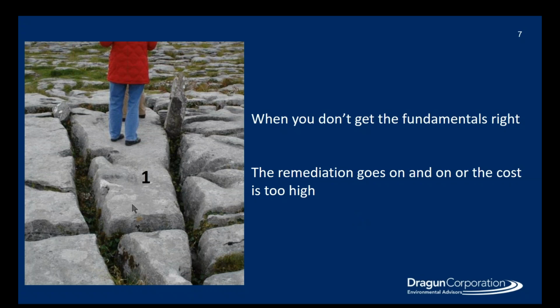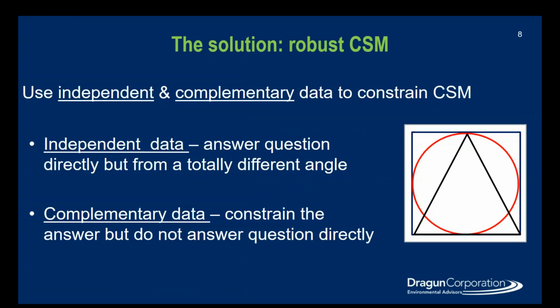If you were to drill at location number 1, you would describe this site as having a very low capability of having groundwater and contaminants move through it. But if you moved 2 feet over and drilled at number 2, you would have an entirely different picture of what's going on. So we need to get all the information we can in order to get a good CSM.